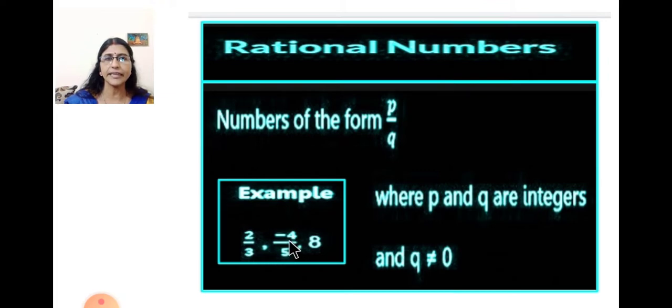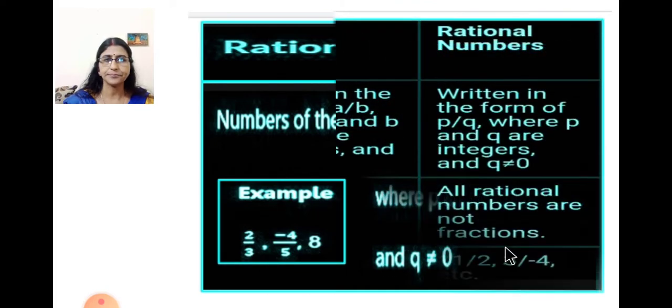Here also, -4 is an integer, 5 is an integer, and the denominator is not equal to 0. 8 can be written as 8 upon 1. So the denominator is again not equal to 0 and 8 is an integer. So these all are examples of rational numbers.